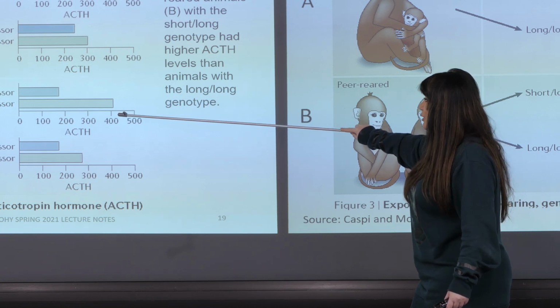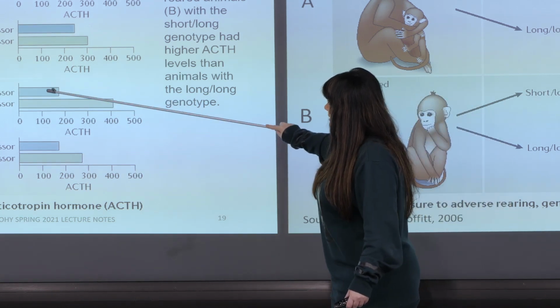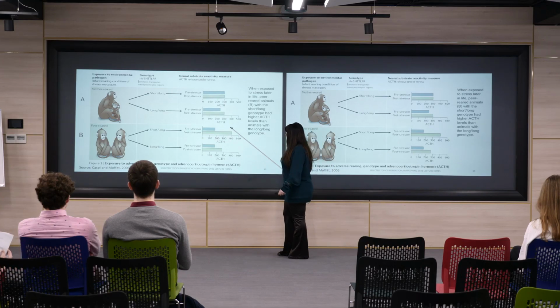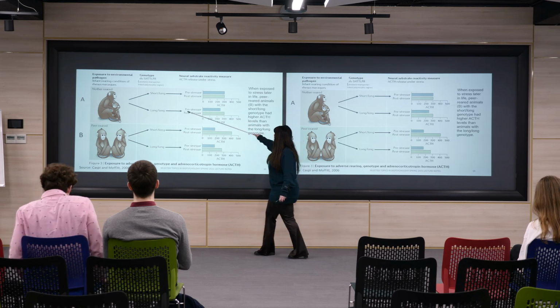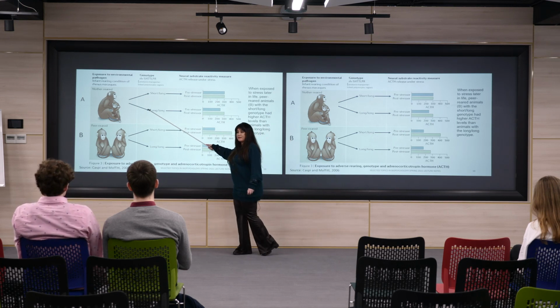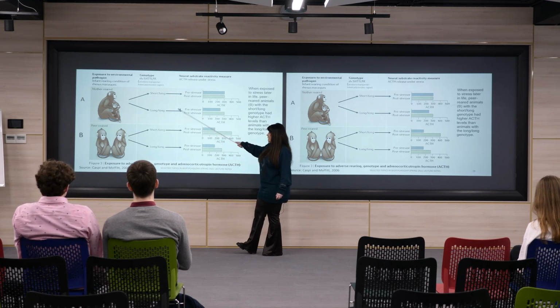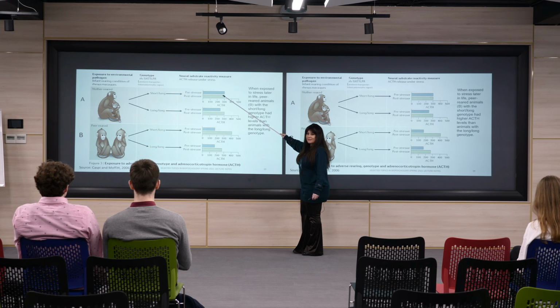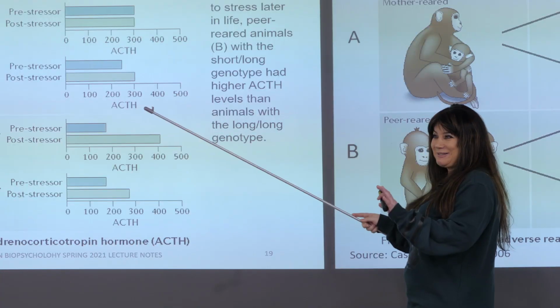Okay? So that is, I think, very clear if you compare this and this. And then if you compare, for example, the animals who actually have maternal care during the growth period, the ones who have less serotonin are actually pretty cool, huh?